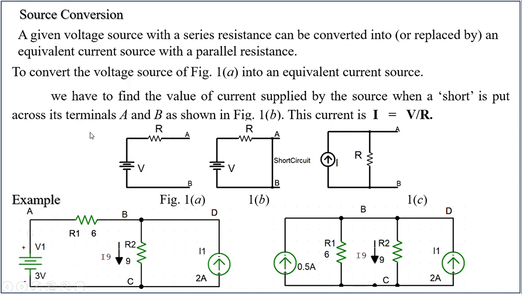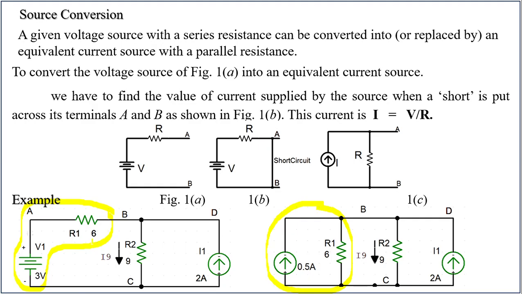So we will apply this concept on this network. You see here, from A to C, there is a voltage source which is in series with a resistor of 6 ohms. So you can replace this entire thing with a constant current source in parallel with the resistor.